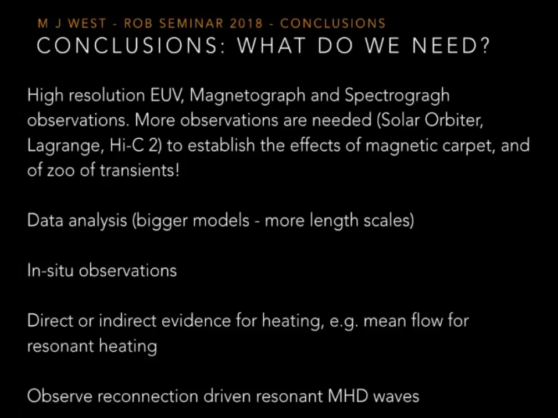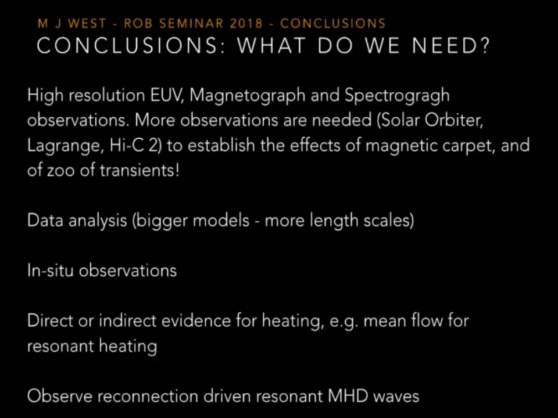What these help with is constraining our models, and they give us tangible measurements that we can use to prove or disprove our models. Spectrographs, or any method of measuring motions in the solar atmosphere, are very important for looking at the wave heating mechanisms, but they're also useful for looking at jets that can be generated from magnetic reconnection. So yeah, higher resolution, more magnetographs, more spectrographs, and in situ observations.